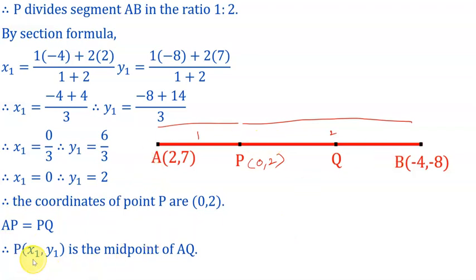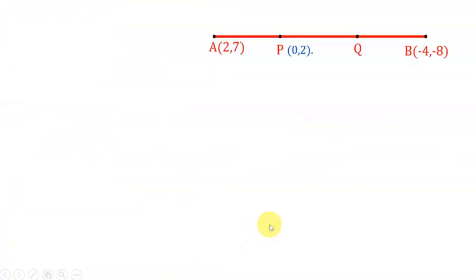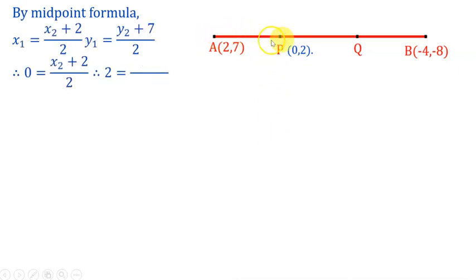Therefore P, which is the midpoint, whose coordinates are (x1, y1), is the midpoint of AQ. Okay. Next, see this here. By the midpoint formula, या ठिकाणी आपण midpoint formula apply करणार. कोणाला? तर तो AQ ला, where P is the midpoint. इथे midpoint formula, Q is also the midpoint of PB, ते देखील तुम्हाला apply करता येऊ शकतं.